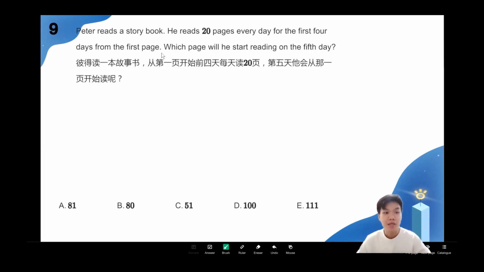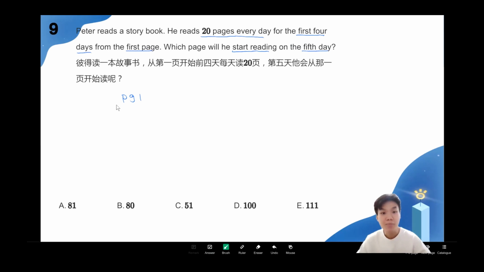Question number 9. Peter reads a storybook. He reads 20 pages every day for the first 4 days from the first page. Which page will he start reading on the 5th day? So he starts reading from page 1.